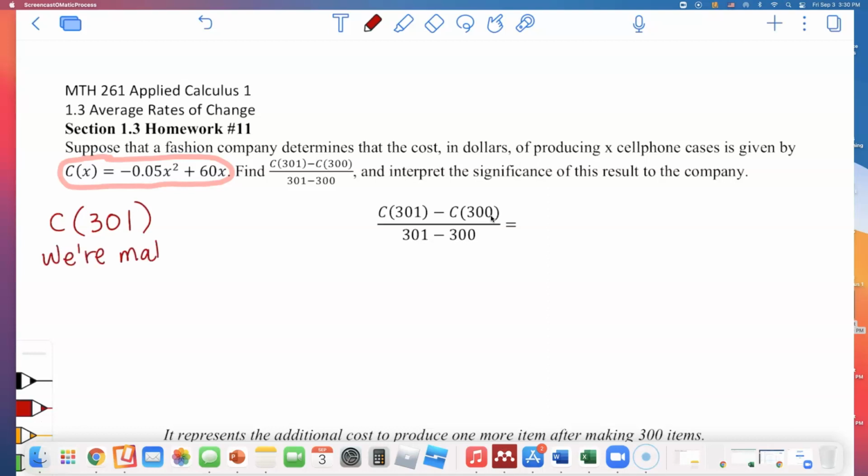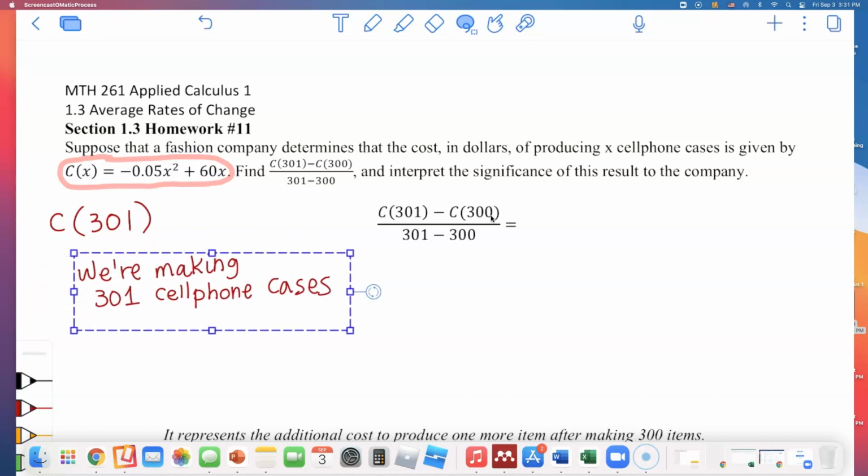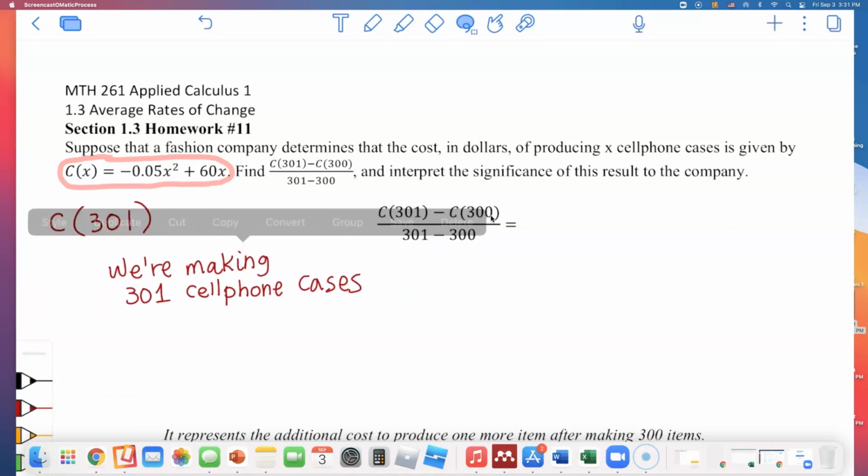making how many? 301 cell phone cases, right? And I should be a little more careful. Not only are we making 301 cell phone cases, when we plug 301 into the C function, which stands for the cost, we're going to figure out the cost.